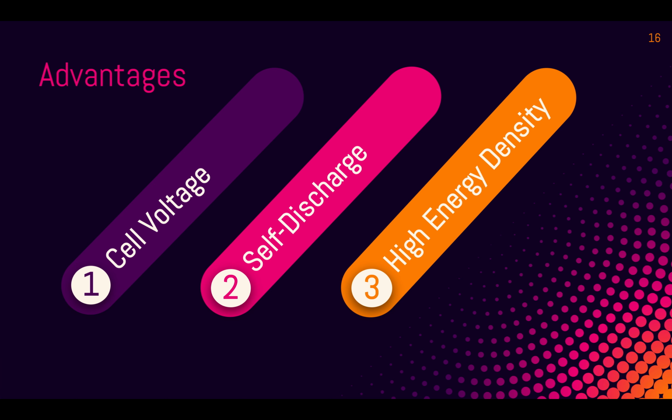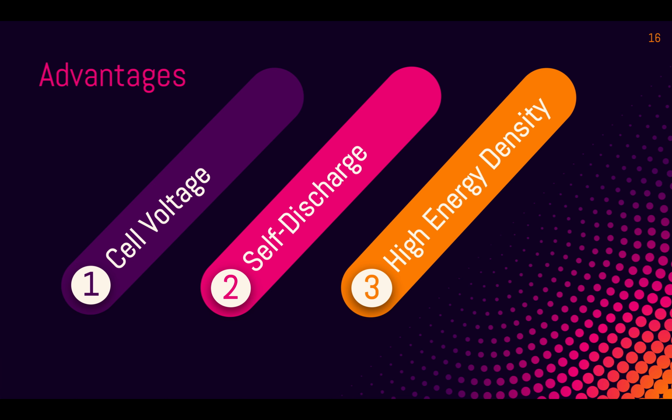And then the last one, number 3, high energy density. This means that lithium-ion cells can operate longer while consuming more power. So this is a bit similar to self-discharge rate. We used a smartphone for self-discharge, being able to stay charged for longer.